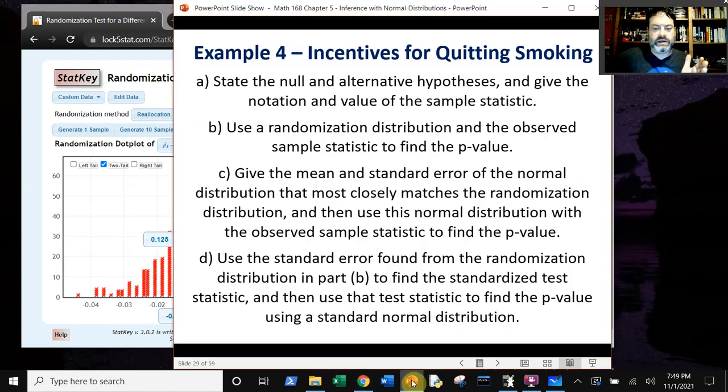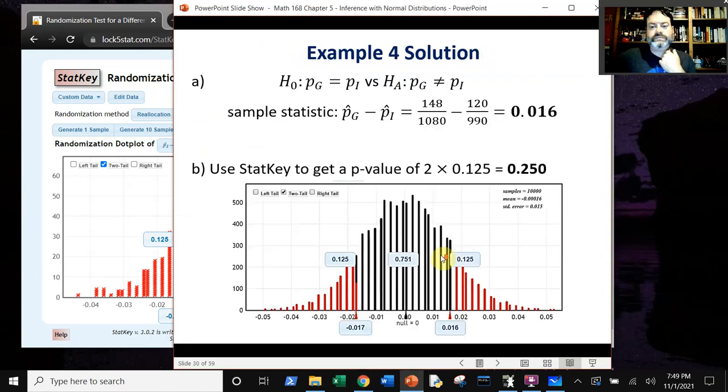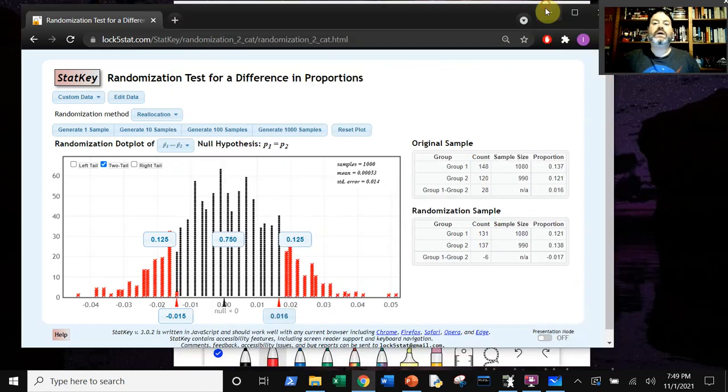It just has to be close. When I ran the simulation for the notes, I did 10,000 samples and got the exact same answer, with a slightly different standard error, and that's fine. I'm going to use the standard error from the notes, 0.015. If you're following along, you might get a slightly different standard error, too.